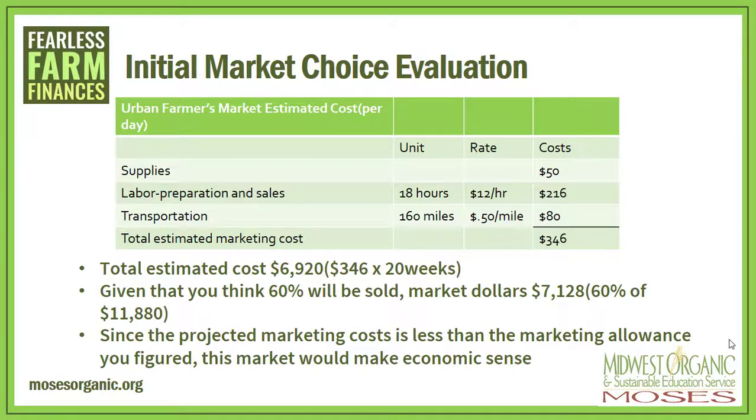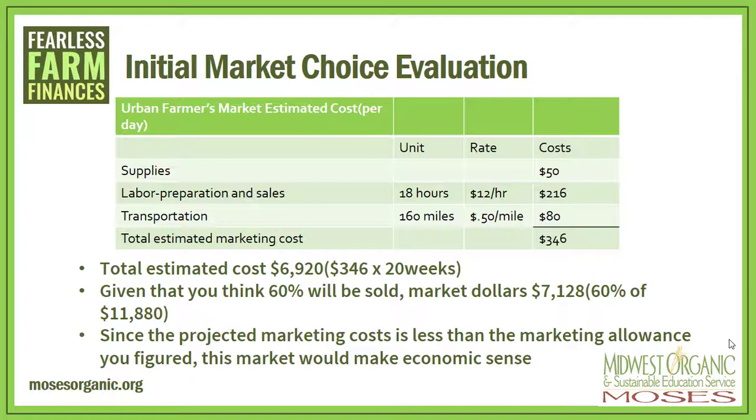You'll notice this particular chart in front of you is, in the very header, on a per day basis. Given your total, you'll see 50 plus 216 plus 80 gives you an estimated marketing cost of $346 per day.